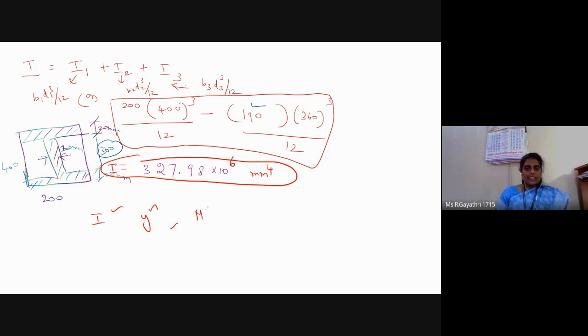Only the moment is to be found. Here the condition is there: a simply supported beam with UDL.